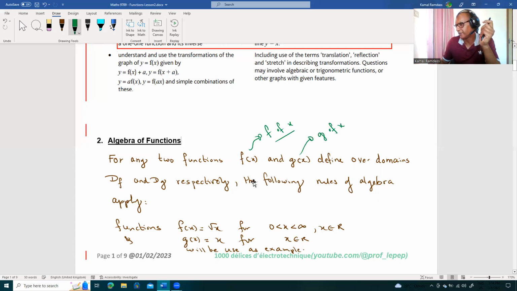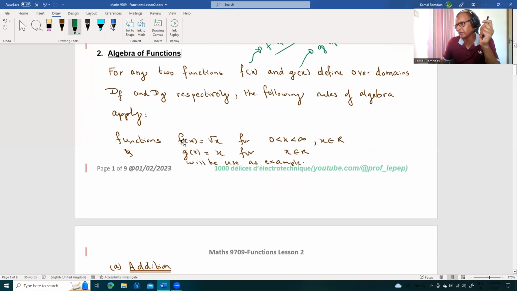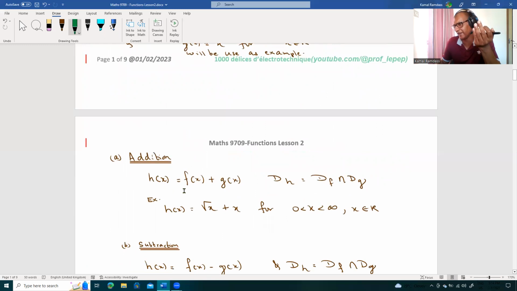The following rules of algebra apply, et là, on prend deux fonctions: f of x is root of x, for x greater than 0, less than infinity, x element of R. G of x is equal to x for x element of R will be used as an example for all four algebraic manipulations. Addition: h of x is equal to f of x plus g of x. Et addition is simple. The rule is simple.